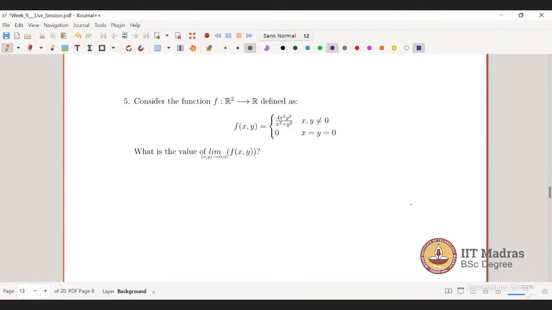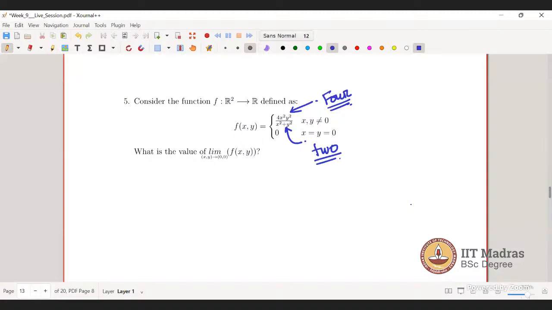So here if you see, the degree of the below polynomial is actually 2, and the degree of the above polynomial is basically 4. If the degree of the above one is greater than the degree of the below one, in that case you can expect to get some limit.